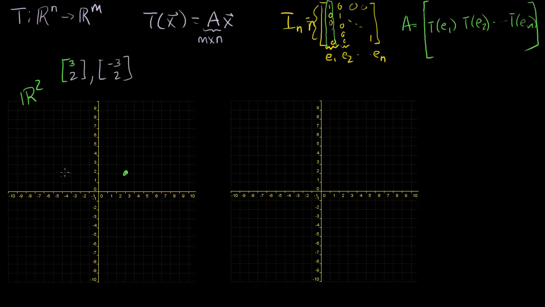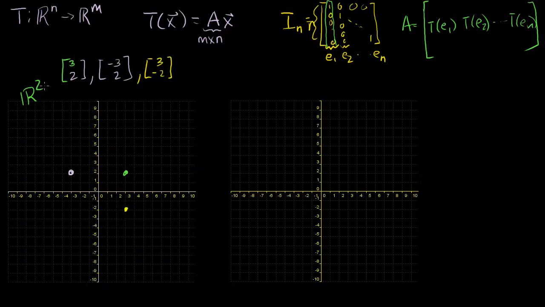And that's this point right here. And then let's say, just for fun, we have the point, or the vector, the position vector, 3, minus 2, which is right here.